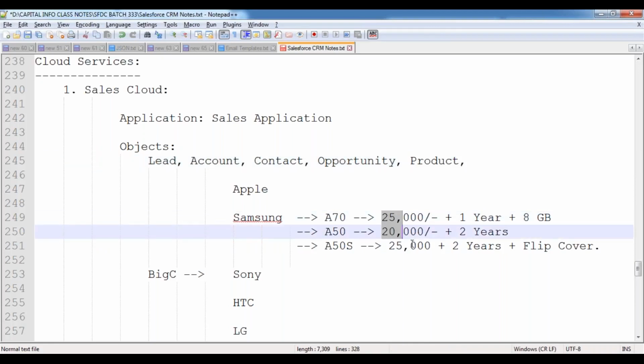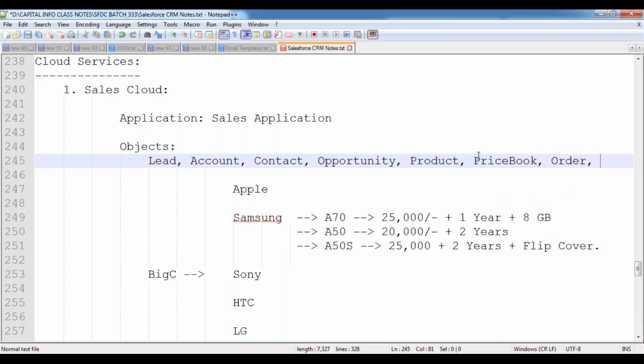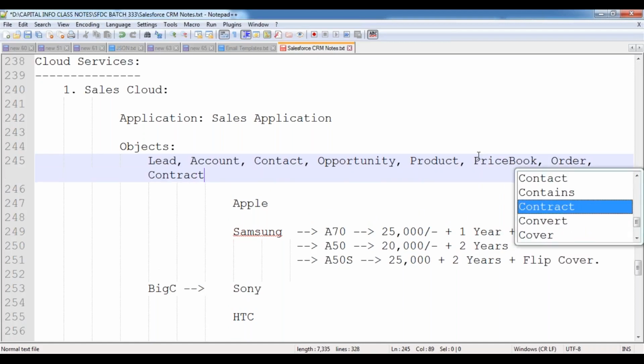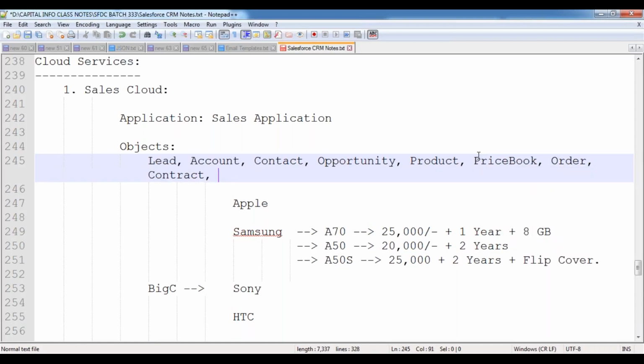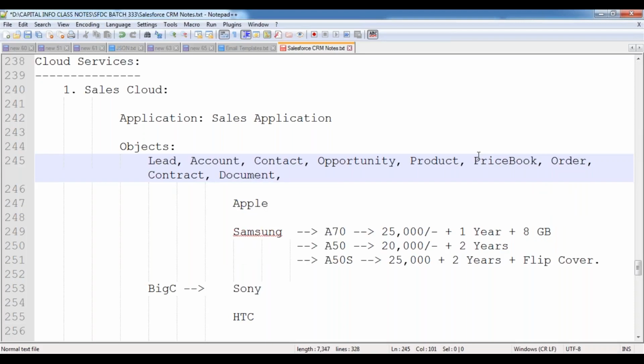To store each and every product price, we are using an object called the price book object. To store the orders information, we are using the order object. To collect the contracts information, the contract object. Along with that, we are using the document object, and the quote object. To store the quotations information, we are using the quote object.